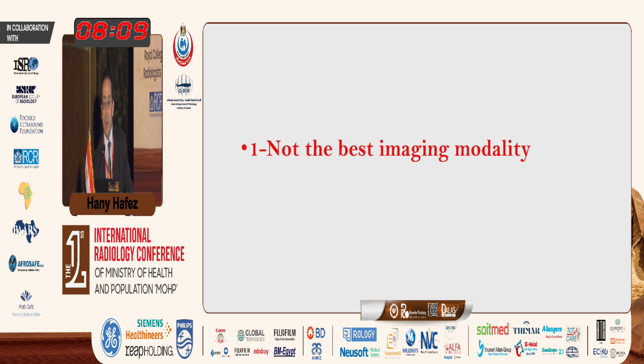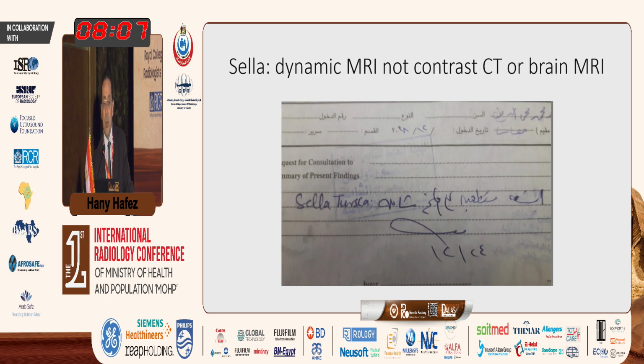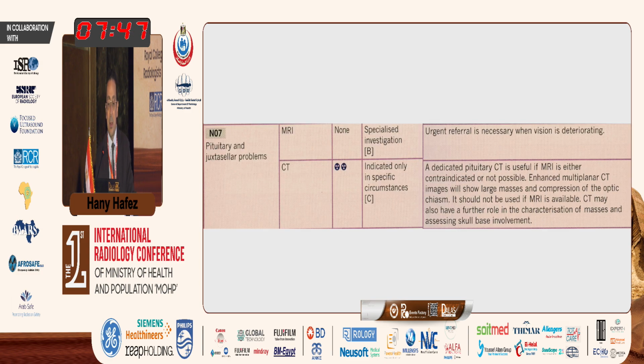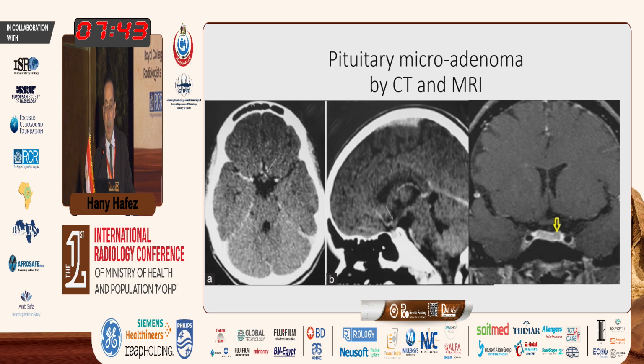Not the best imaging modality. As we see, in sellar examination, some clinicians ask for CT sella, others ask for MR brain, but the real and proper investigation is dynamic MRI of the sella. Here is CT scanning.